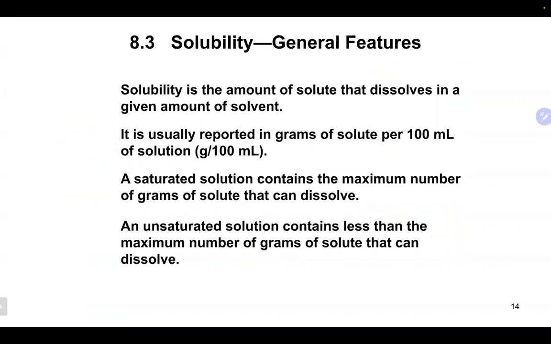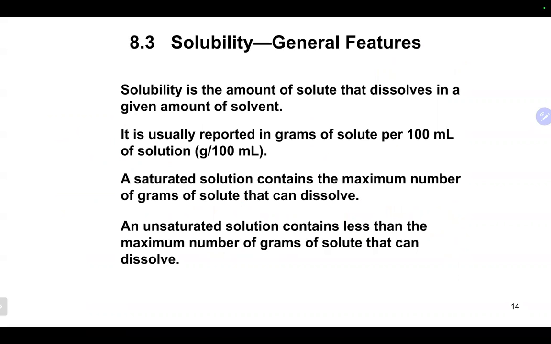So let's talk a little bit about solubility. Solubility is the amount of a solute that will dissolve in a given amount of solvent. A lot of times we report how much we could get to dissolve as how many grams per 100 milliliters of solution.